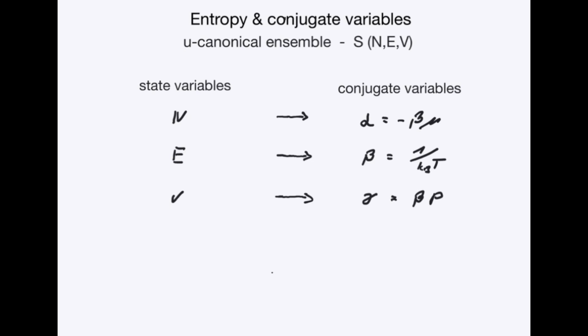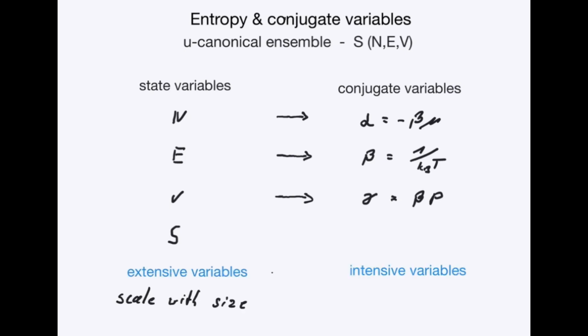Now the state variables on the left, N, E, V, and also S, are extensive variables. Extensive means they scale with their size, whereas the conjugate variables of the microcanonical ensemble are intensive variables. They are independent of the size. It doesn't matter whether I have a very small sample or a very big sample, this temperature can be the same.